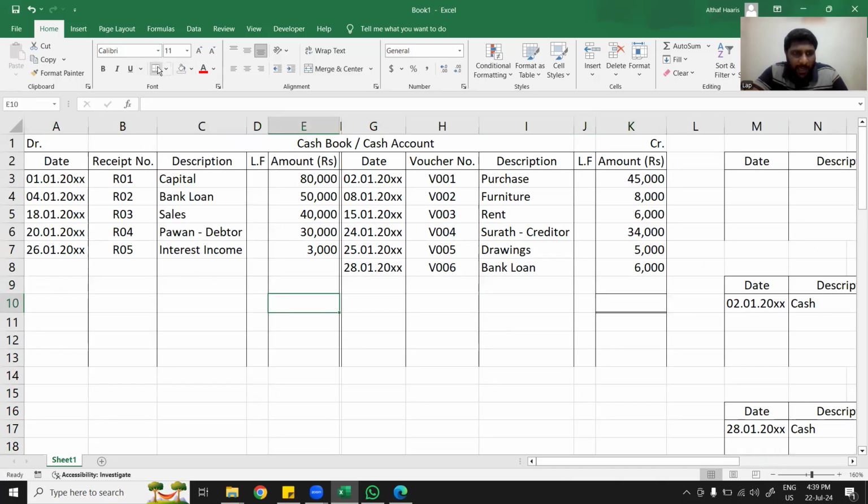We learn how to balance. You check and tell me whether the debit side is bigger or the credit side is bigger. What's the total of the debit side?